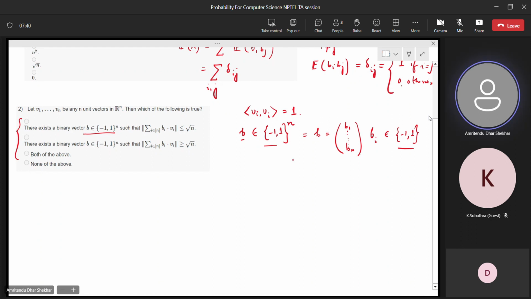if I have this vector x, I write x equals the sum over i of Bi Vi, then the question asks us, which of these are true? If I take x dot product with x, that is less than or equal to n, or that is greater than or equal to n.